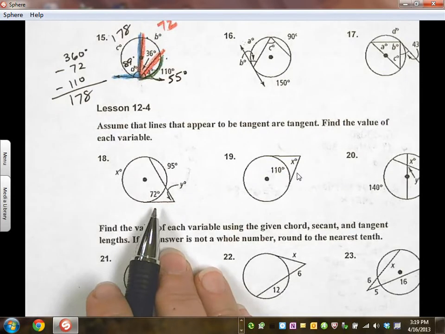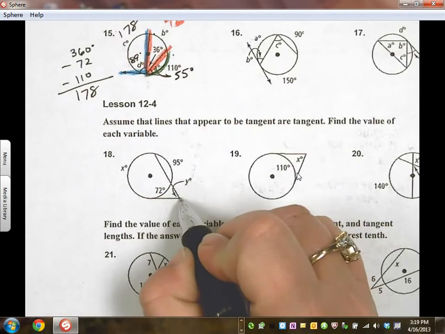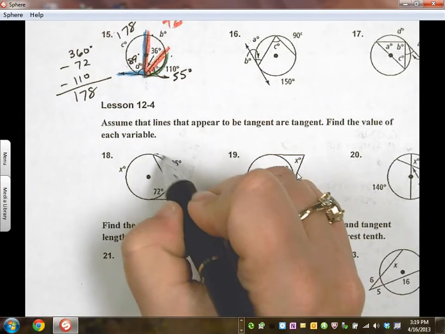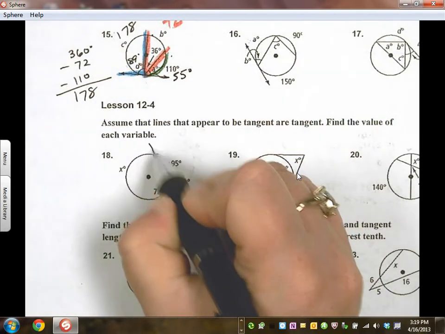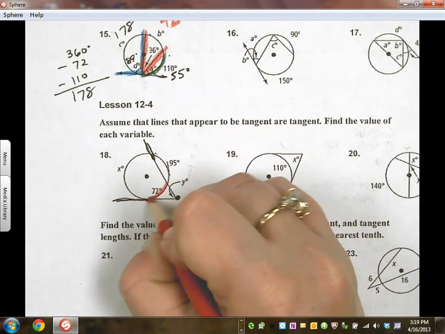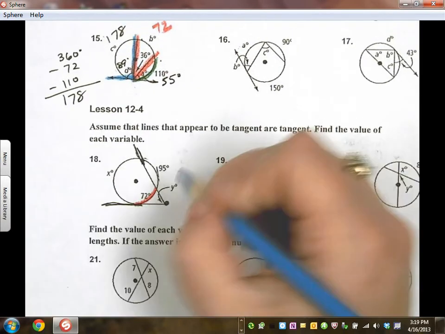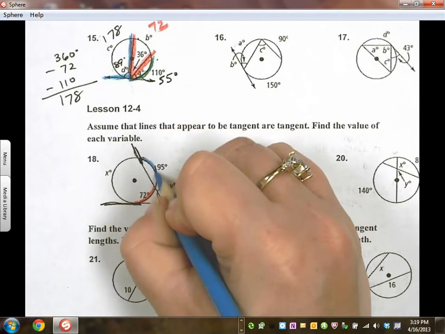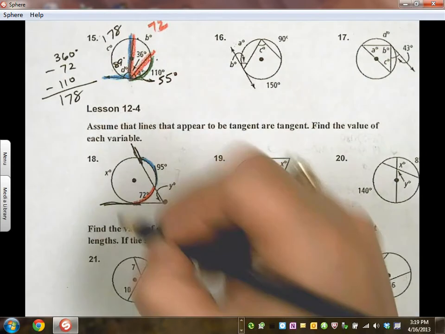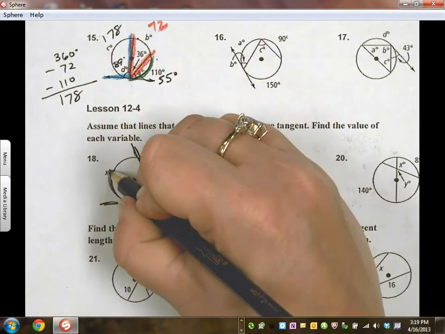Let's do another one here. In this one, my vertex is outside the circle, but they give me this arc. Remember, we said that it's got to be inside the mouth. We only care about those arcs that are inside the mouth. I know this one is 72. I know this one is 95. Can anybody tell me what this arc would be?